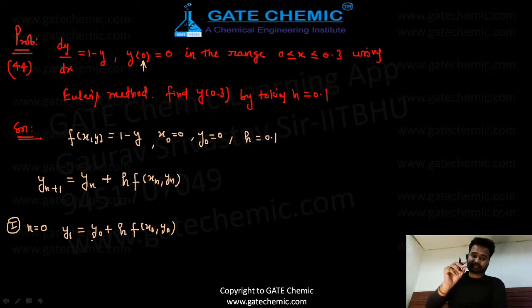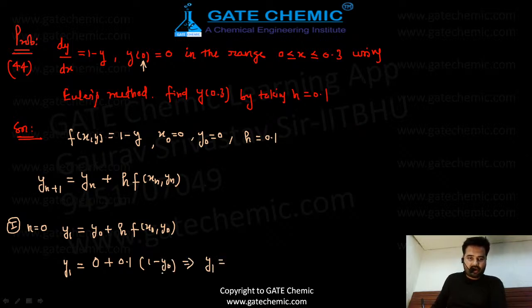Taking step size as 0.1. The smaller you make the step size, the more correct your value will be. Okay, so here y1 equals y naught is 0, so 0 plus h is 0.1, function of x naught comma y naught, that means 1 minus y naught, and because y naught is 0, y1 will be 0.1 into 1 minus 0, that means 0.1 into 1, it is 0.1.